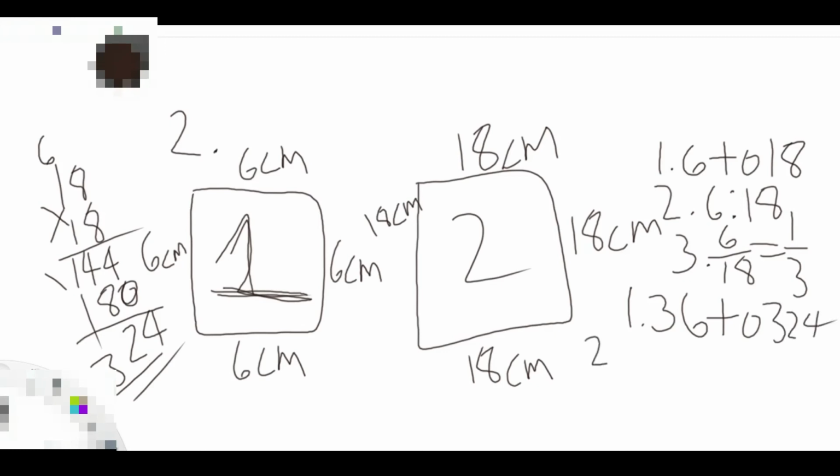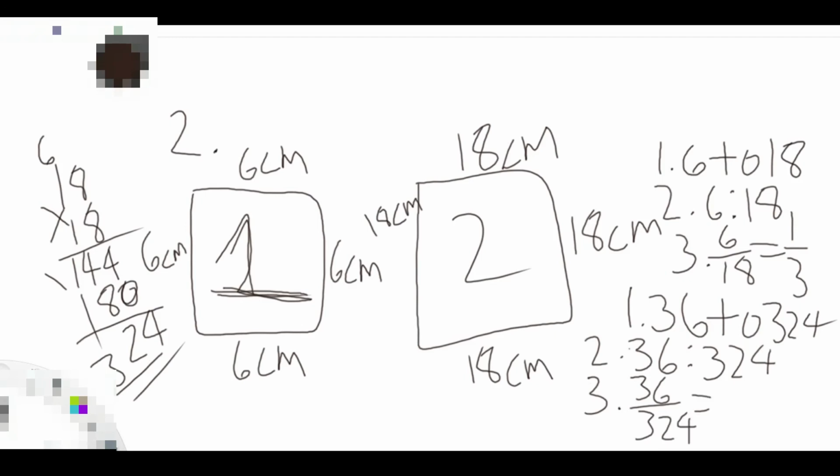Second way, 36 colon 324. And third way as a fraction, 36 over 324.